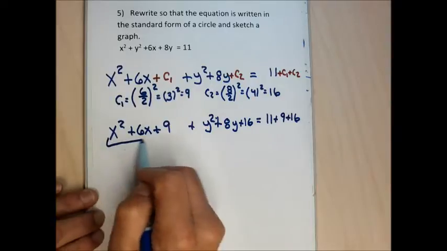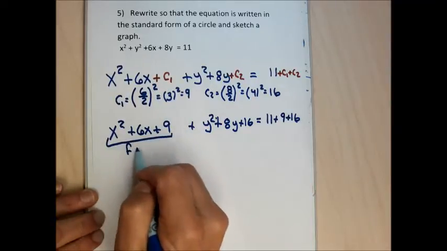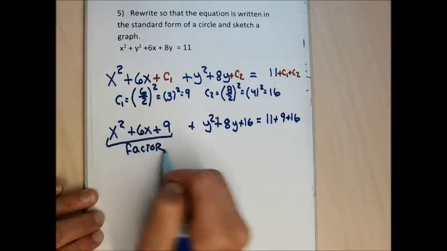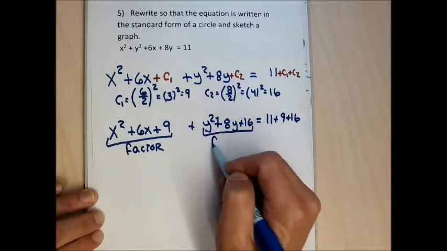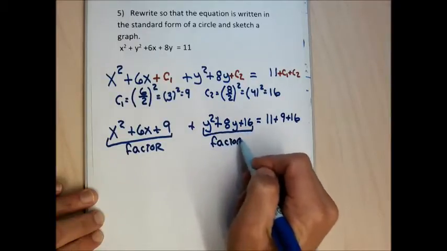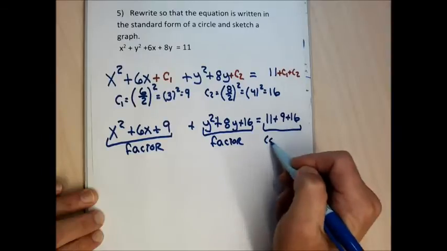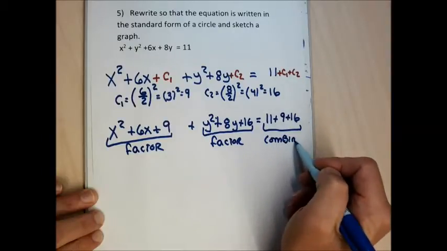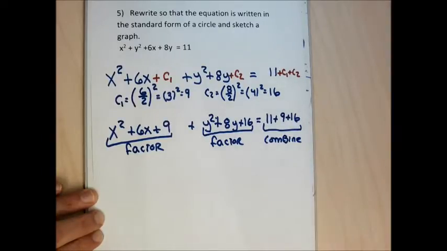Once you get the c's replaced, you need to do some extra algebra. The group of x's you need to factor, the group of y's you need to factor, and on the right-hand side you need to add up all the numbers.